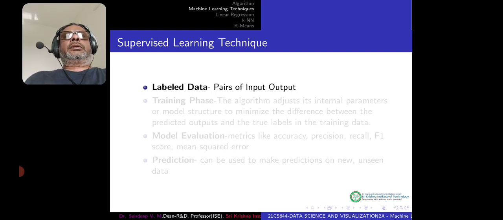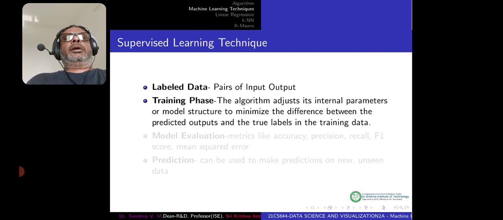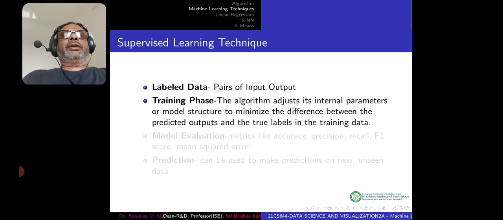So, looking at the supervised learning technique, we have labeled data, that means pairs of input and output, and then we have a training phase where the algorithm adjusts its internal parameters or the model structure to minimize the difference between the predicted output and the true labels of the training data.